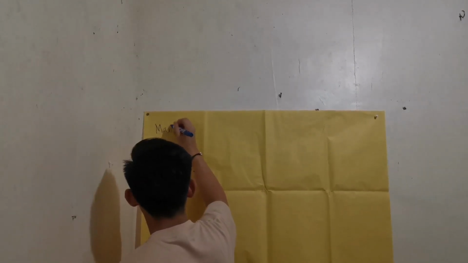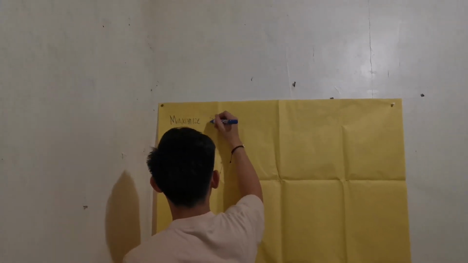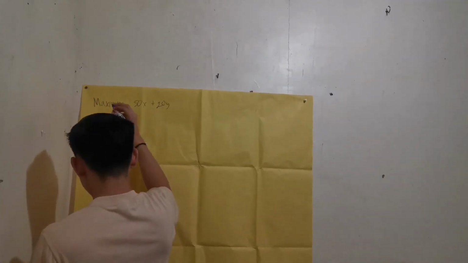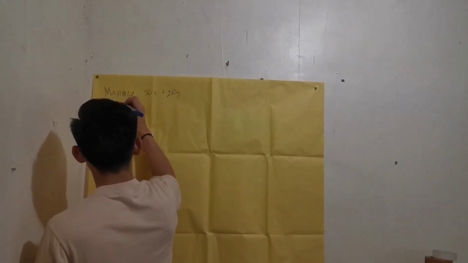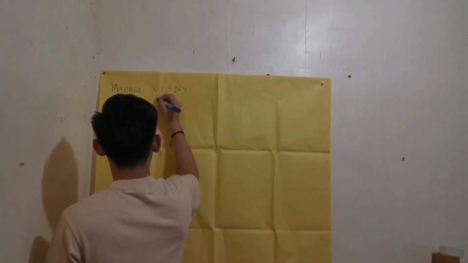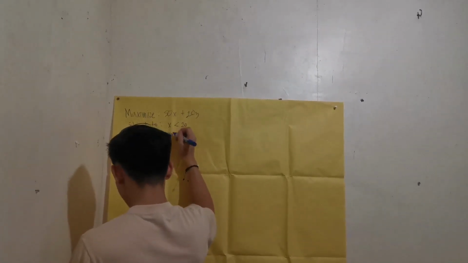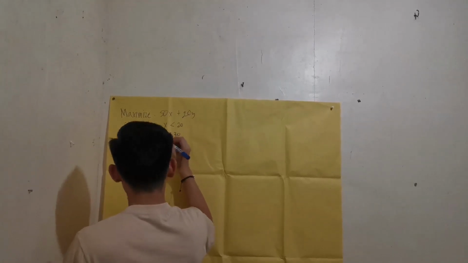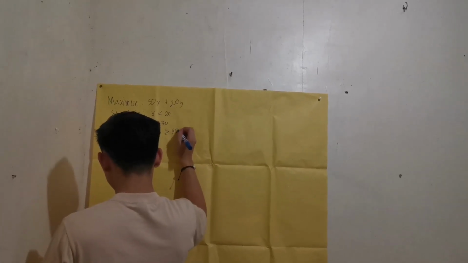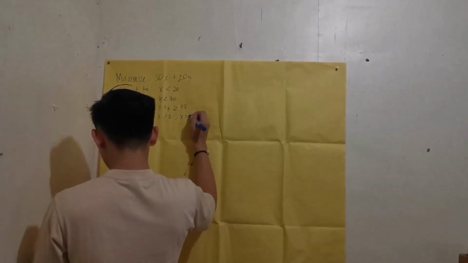So, maximize the 50x plus 20y, subject to x is less than or equal to 20 and y less than or equal to 30 and x plus y is greater than or equal to 48 and x and y are greater than or equal to 0.